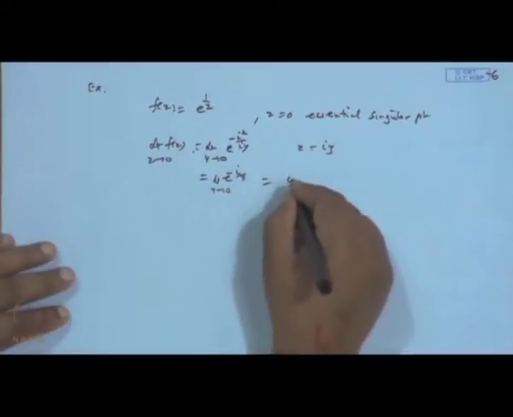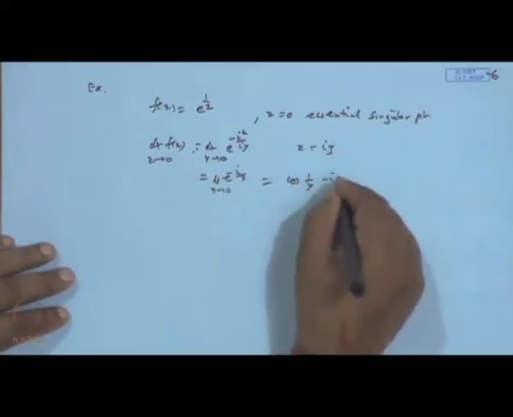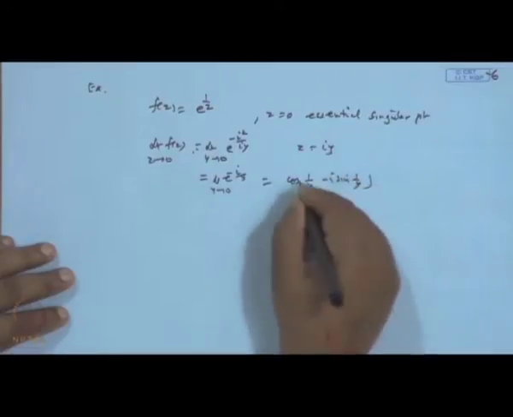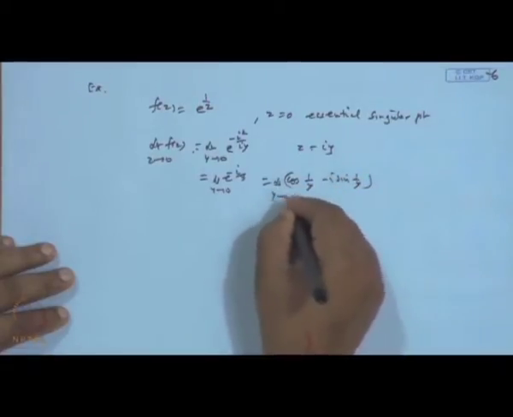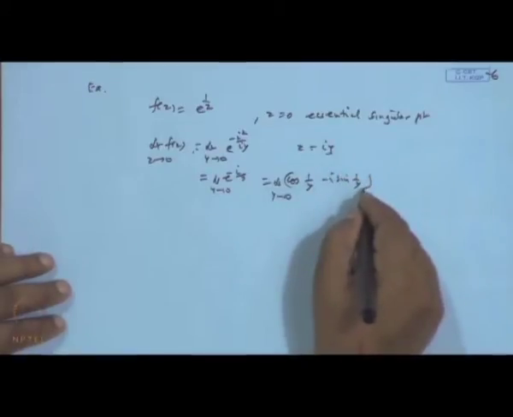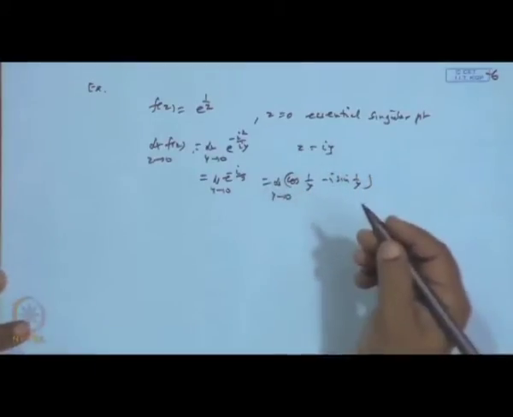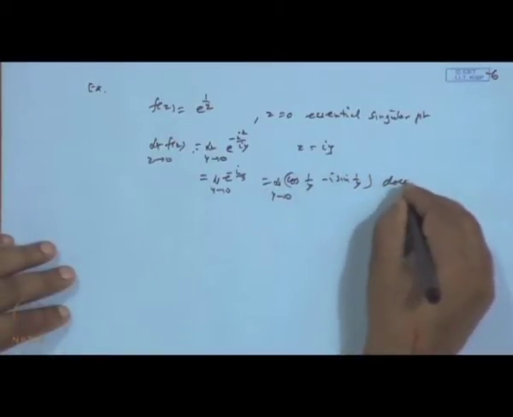So this equals cosine of 1 by y minus i sine of 1 by y, as y tends to 0. We know the limit of sine 1 by y does not exist.